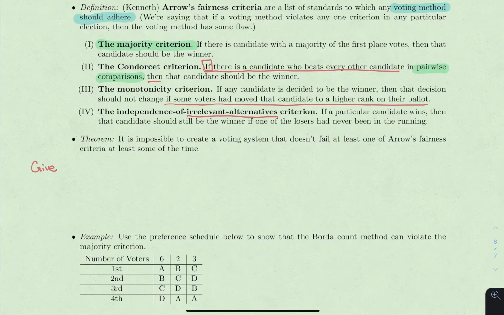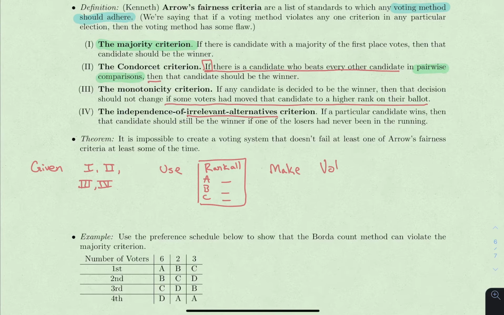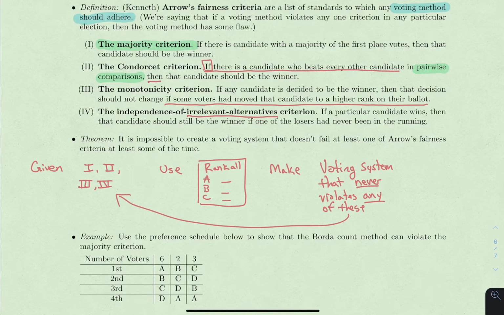So given the criteria, the task is to use a ranked ballot to make a voting system that never violates any of these. And the fact is, this is impossible.